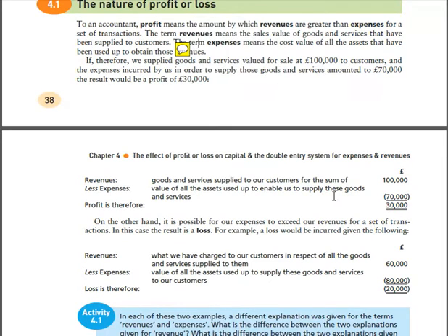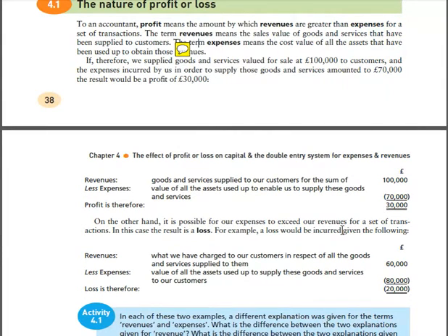So the best possible aim for any company would be that the revenue is as high and expenses are as low, to give a profit. If we look at the example, if the revenue is £100,000 and in generating that revenue we had expenses of 70,000, we subtract to result in a profit of £30,000.